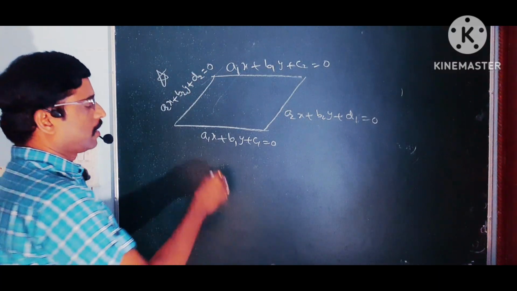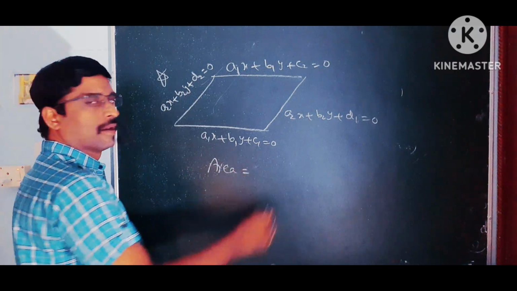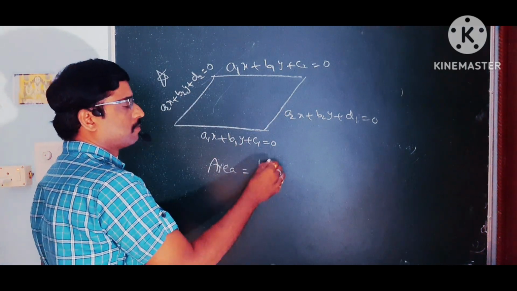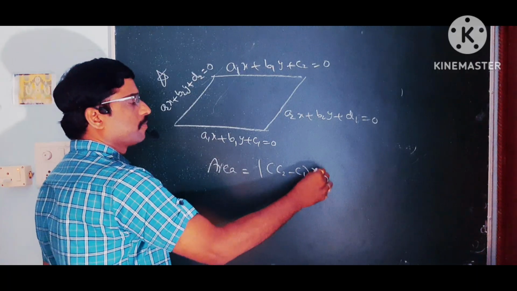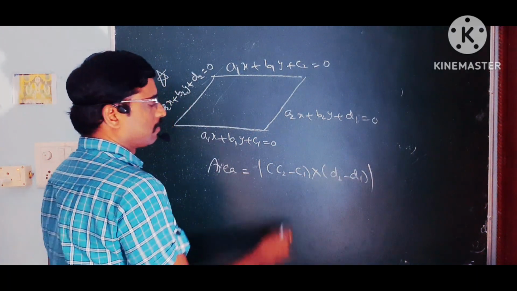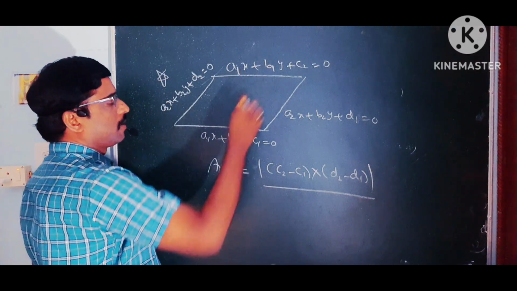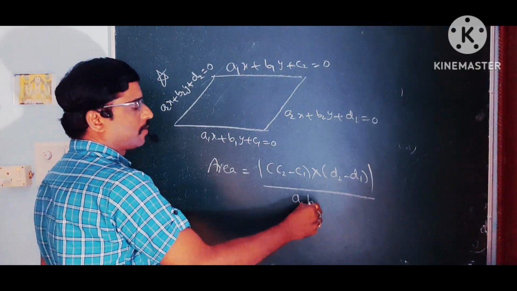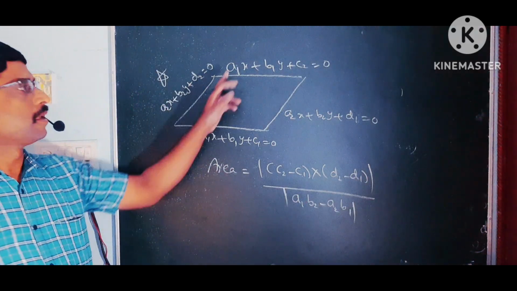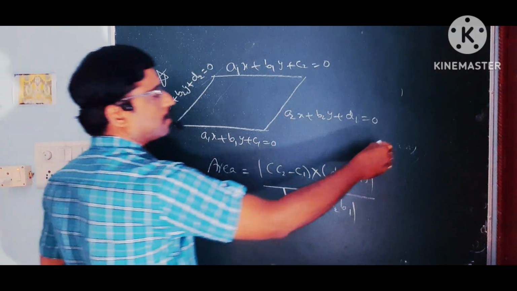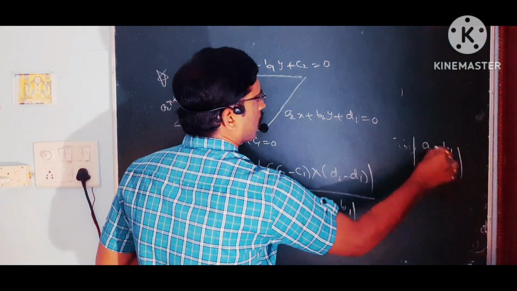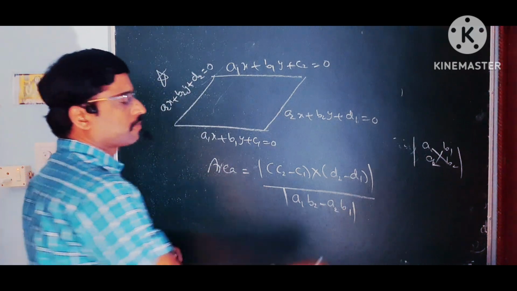Okay. Now this area is equal to difference of constants of opposite sides. Modulus of C2 minus C1 into D2 minus D1 by the determinant of A1 B1 A2 B2, which is A1 B2 minus A2 B1, square units.